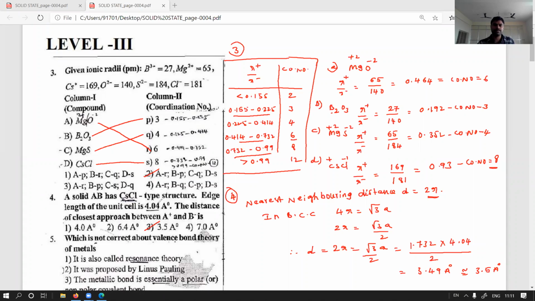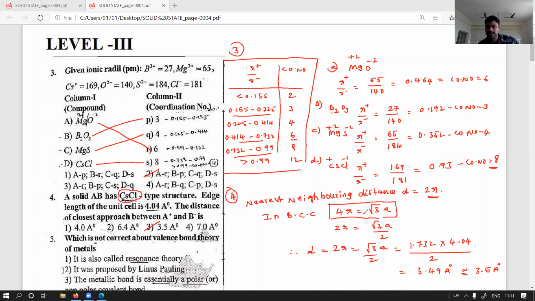So how do we solve this question? Cesium chloride is not described, so we have to remember theoretically that cesium chloride has a BCC crystal structure. In BCC, the relation is 4R equal to root 3 A, where root 3 A is the body diagonal.